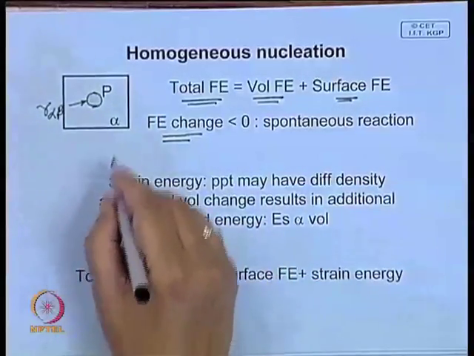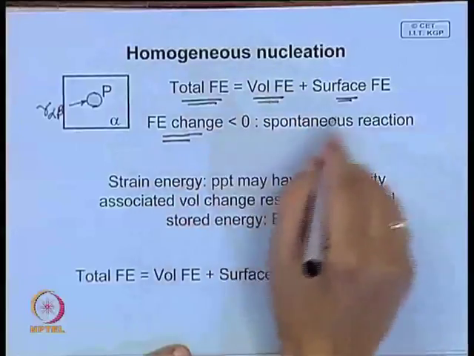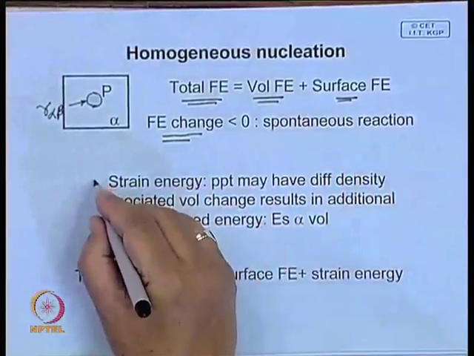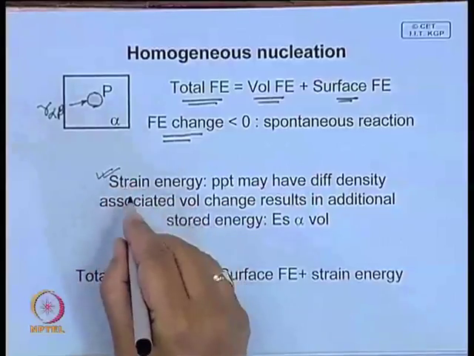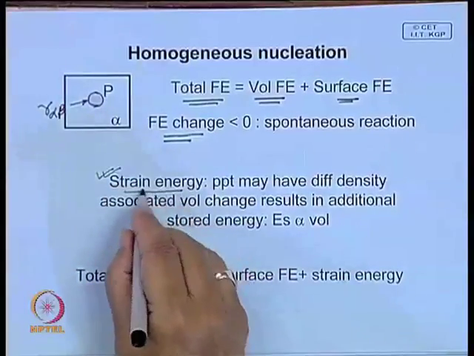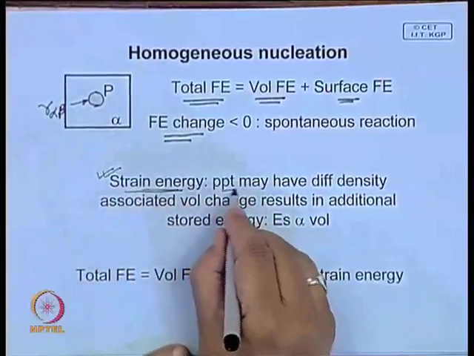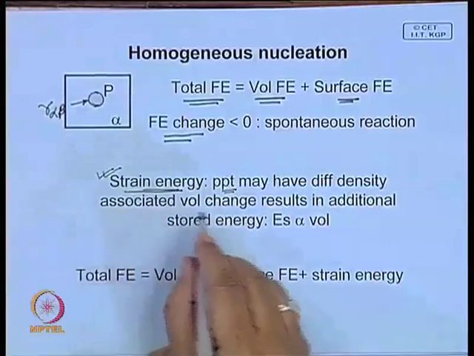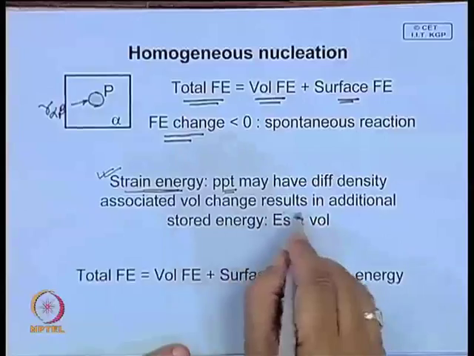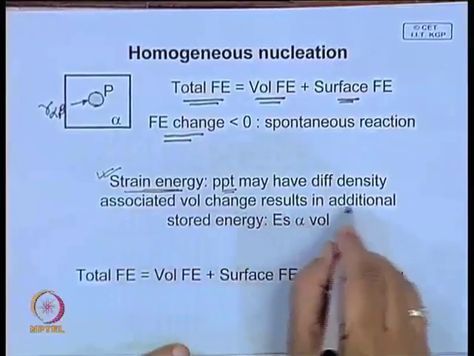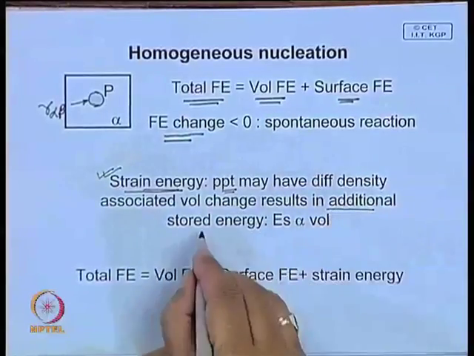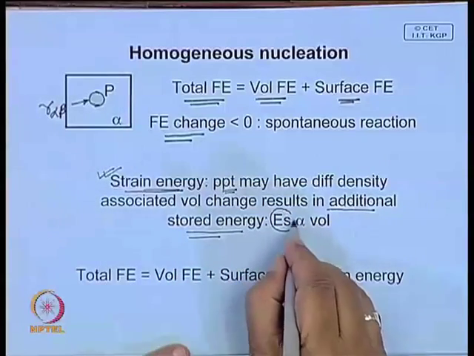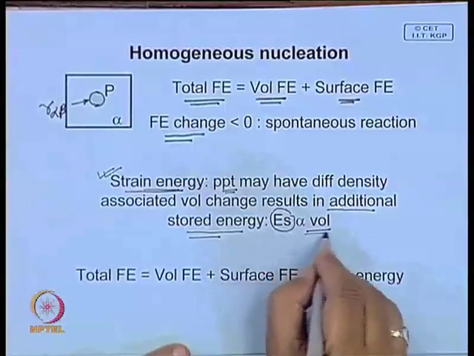Now, to get a proper expression for this, we must look at the contribution of strain energy, which is very important. The precipitate that forms may have a different density. So, there will be some amount of volume change, and this volume change results in additional stored energy, which is a strain energy proportional to volume.